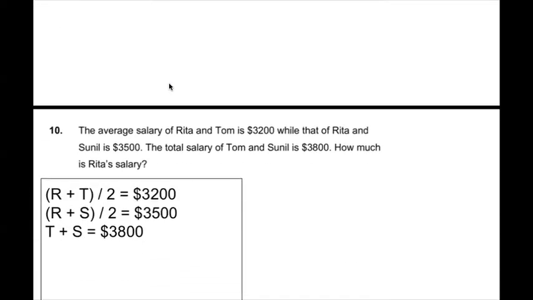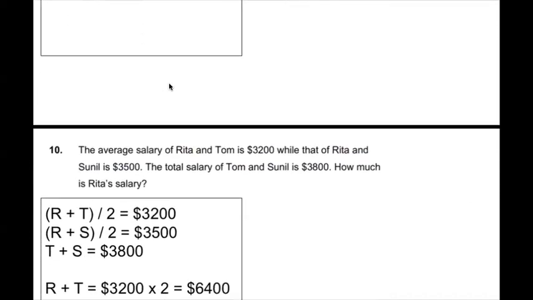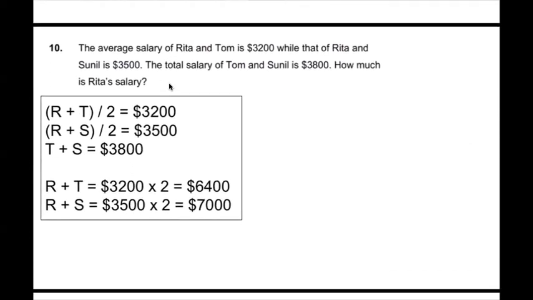So this is what you would get. Here, this is the total of Rita and Tom, and this is the total of Rita and Sunil. It's indicated here. R plus T is Rita plus Tom. R plus S is Rita plus Sunil.